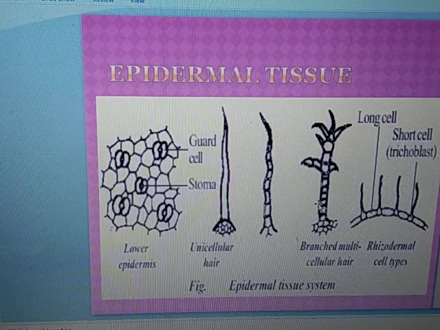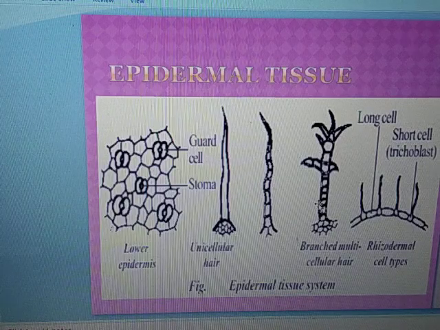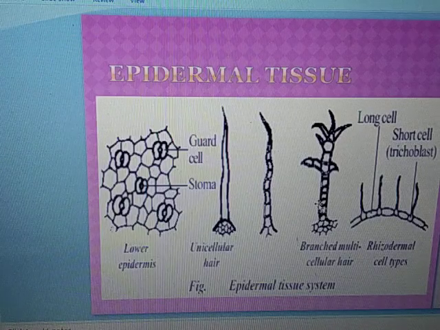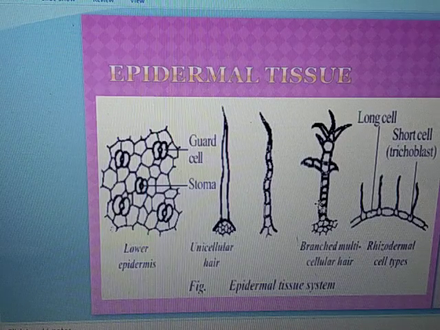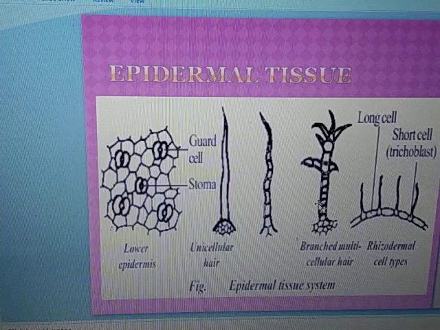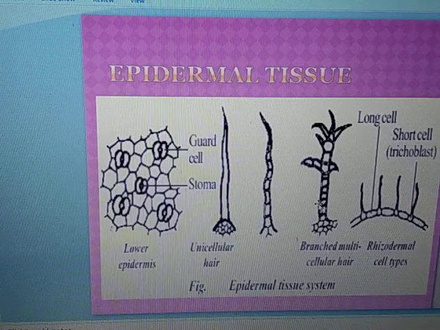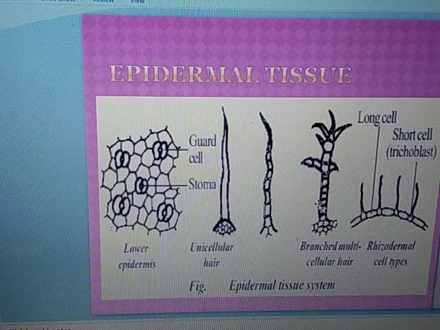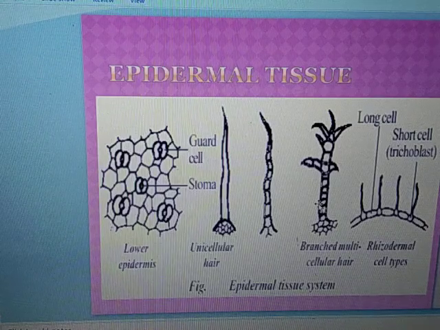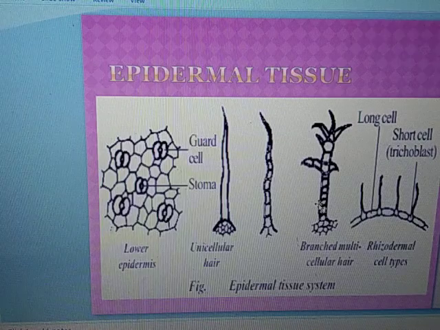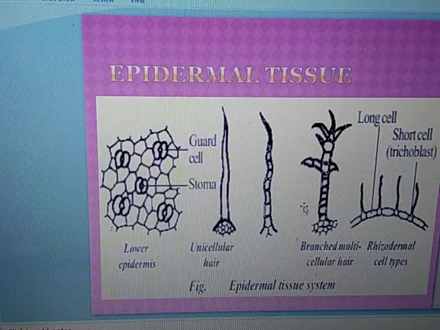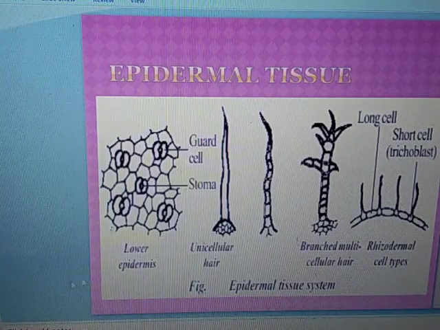Now, aerial parts of the plant secrete a waxy, water-resistant coat or layer on the surface of the leaf or the plant. The leaf epidermis has small pores called stomata.